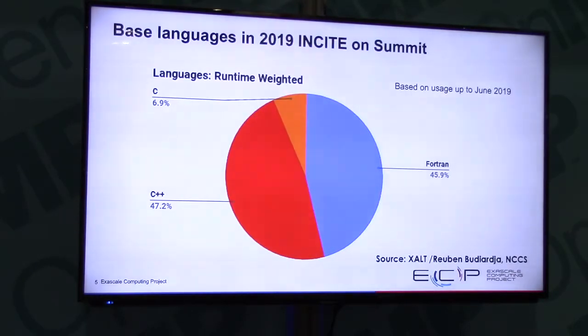One of the challenges is that a lot of the codes that are running on these machines come from different programming models, and the traditional ones are Fortran and C++. We see that the ratio of what is generating the cycles on these machines comes from these two base languages, and we need to make sure that these languages can also run on the accelerators and also on the multi-cores.